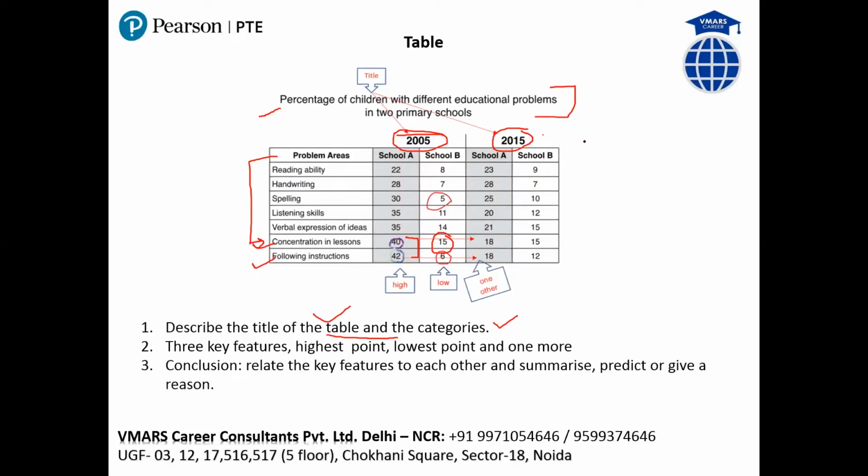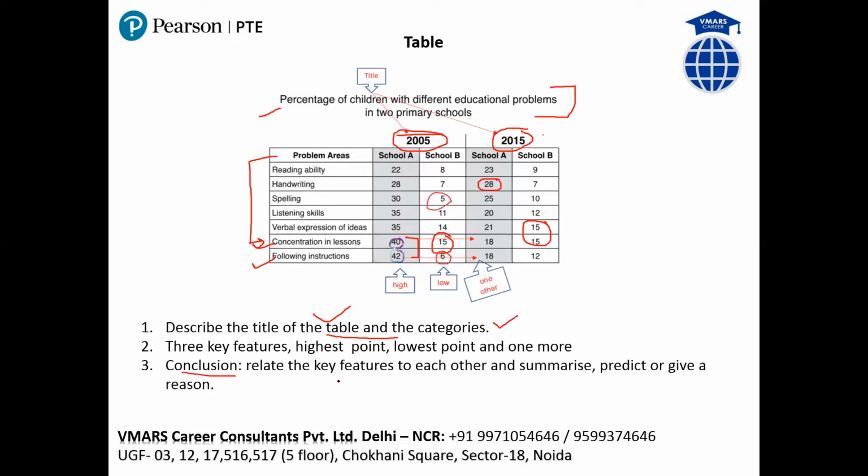Another thing you can say, coming to 2015, the major problems in the school were handwriting, and another is verbal expression of ideas, and concentration in lessons. Oh yes, concentration in lessons. And in the overall conclusion you can mention a key feature.